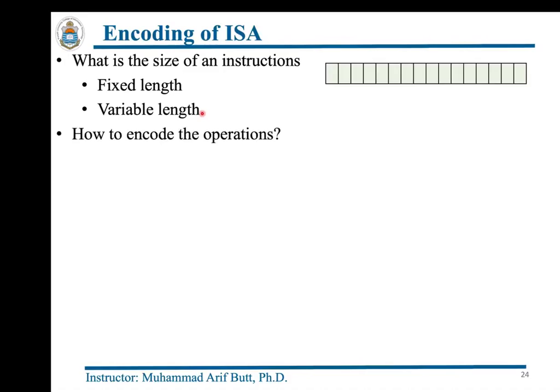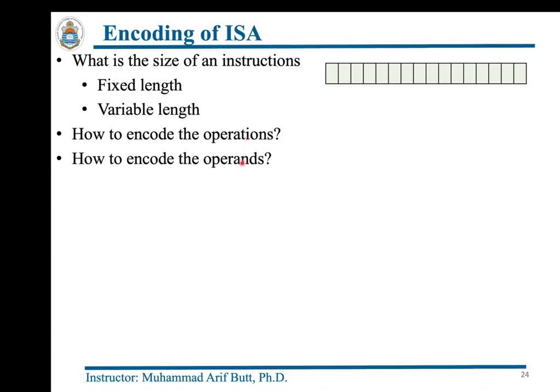Another $100 question is, how many bits we are reserving for the opcode. For example, if the total instruction size is 16 bits, how many bits out of these 16 bits we are going to keep for encoding of the different operations. Another $100 question is, how to encode the operands.